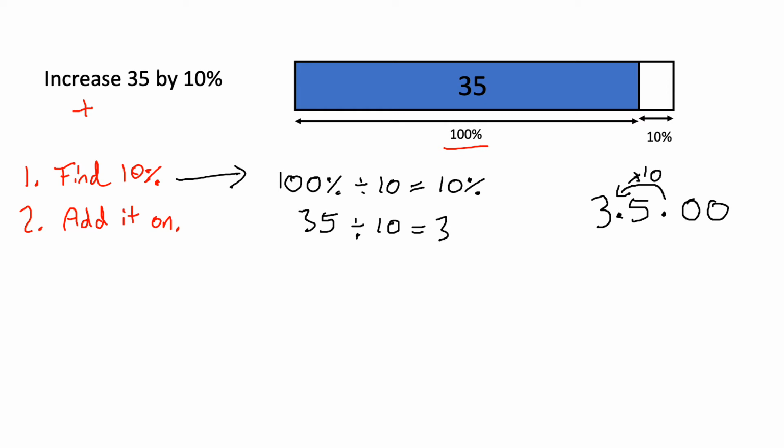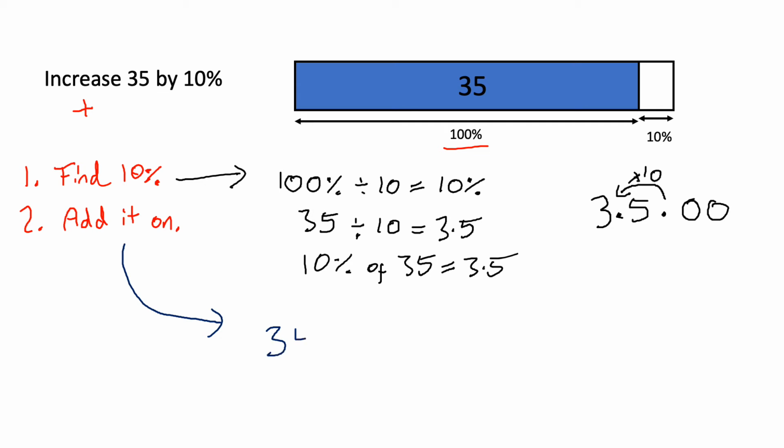And that's going to give us an answer of 3.5. So 10% is 3.5. We've done the first part, nice and easy. 10% of 35 is 3.5.